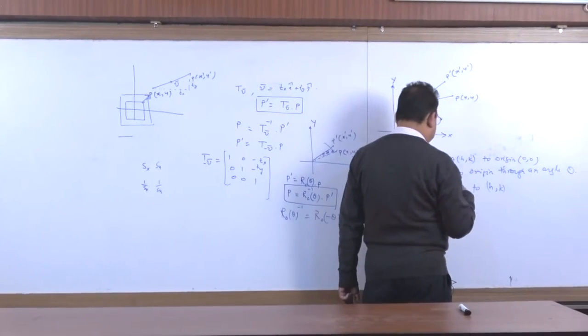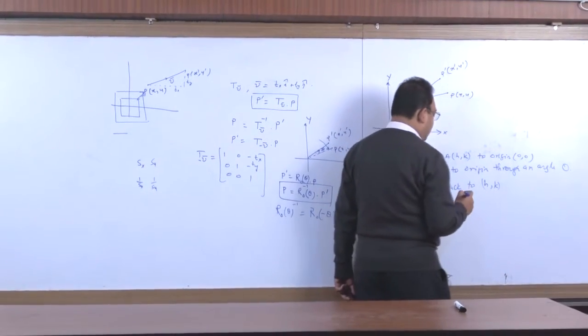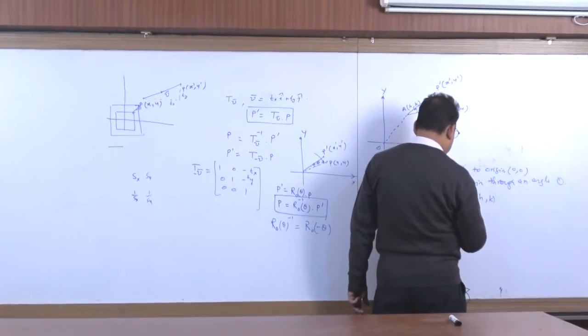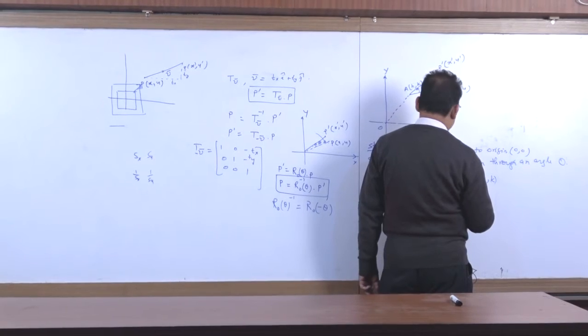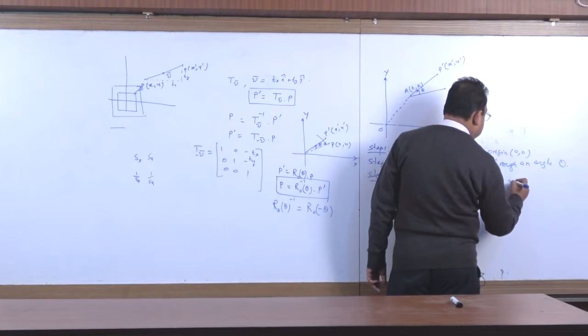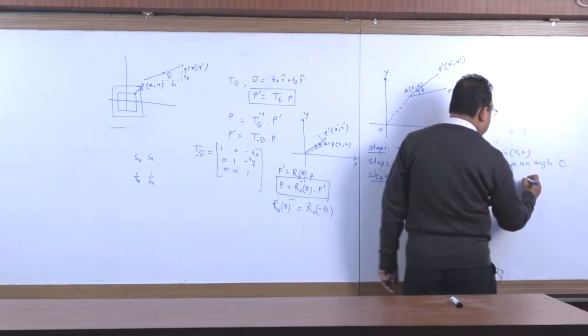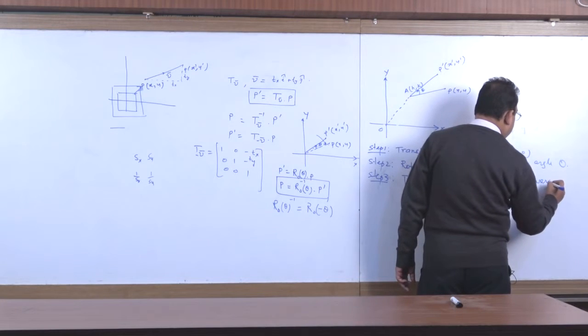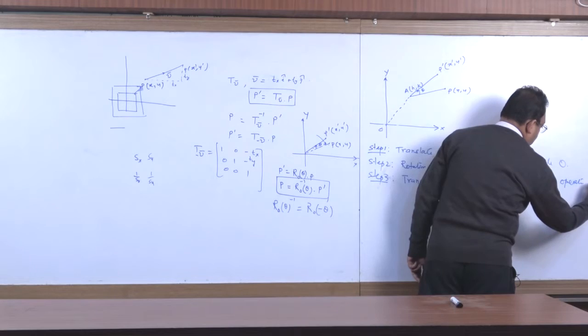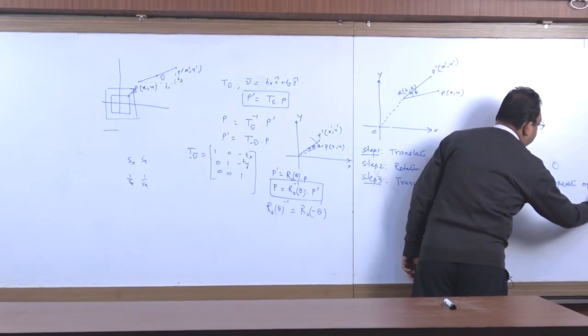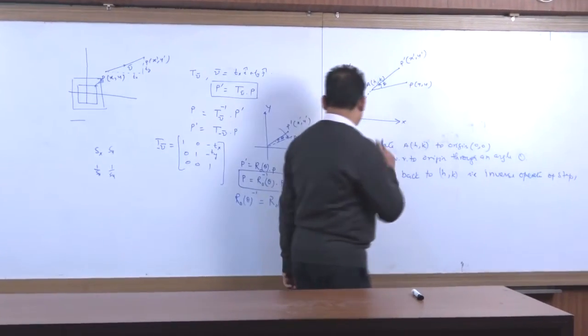So, we translate back (0, 0) to (h, k), that is, translate the new position of A back to (h, k). This is nothing but the inverse operation of step 1.